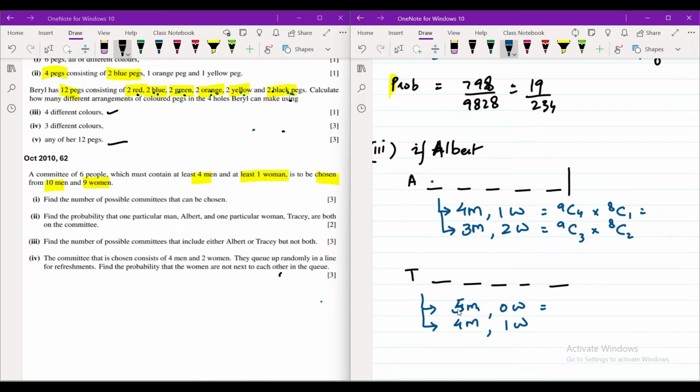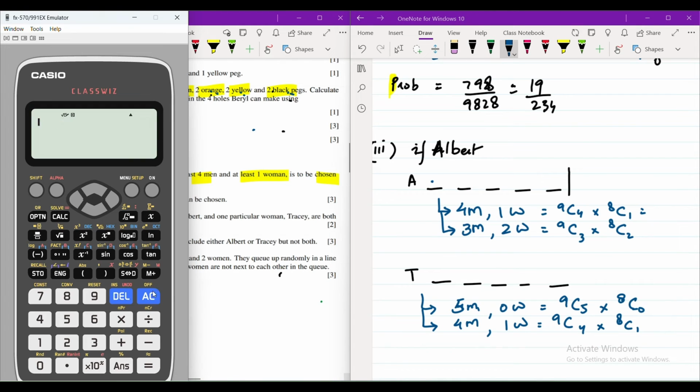So out of now nine men again, I need to select five men, and out of eight women, zero women. Similarly, out of nine men, I need to select four men, and out of eight, I need to select one more woman. Now I can calculate them all.